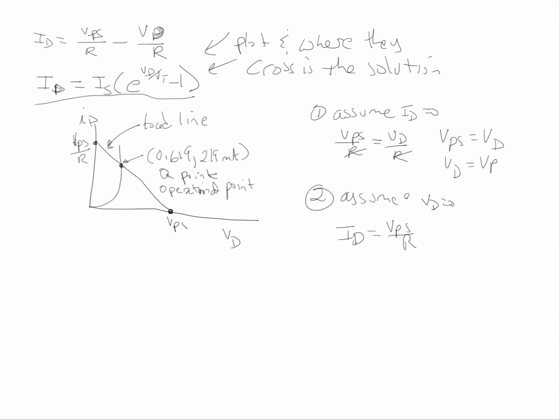For our given circuit and conditions of resistor and power supply, that's the point where the current and voltage intersect. So that's the iterative and the graphical way to solve diode circuits.